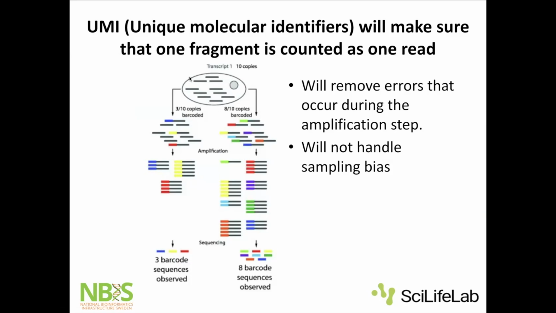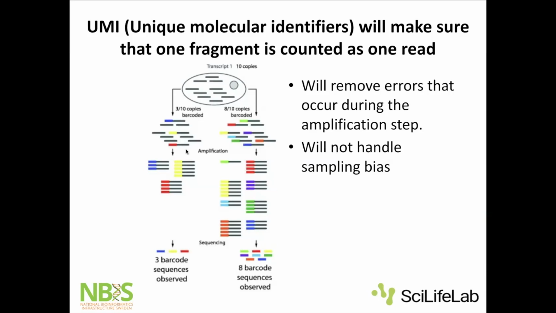Then we lyse the cell, all the RNAs in this droplet, or most of them, will attach to the bead, and then they will be reverse transcribed. And we will have something like this.